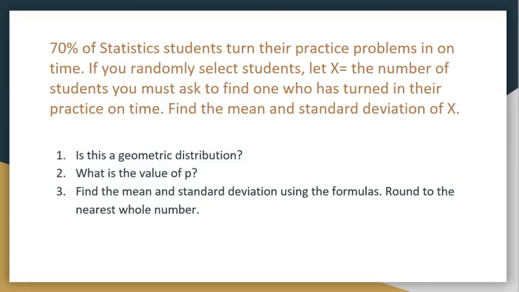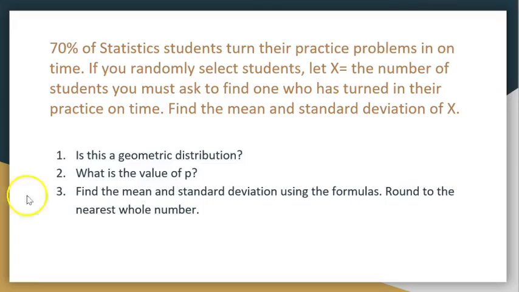Each trial is independent. One person doing their practice problems has no effect on whether or not the next person does. And we're going to ask until we find a person, so that is our stop when we reach success. So this is a geometric distribution. The value of p would be 0.7 because 70% turn their practice problems in on time.